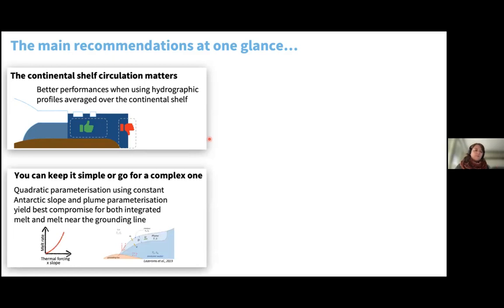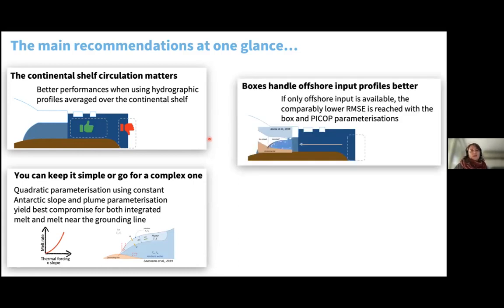Then to choose the parameterization, you can either keep it simple or go for a complex one: the quadratic parameterization using a constant Antarctic slope and the plume parameterization yield the best compromise for both integrated melt and the melt near the grounding line. If you only have offshore input available, then the comparably lower RMSE was reached with the box and PICKUP parameterizations.